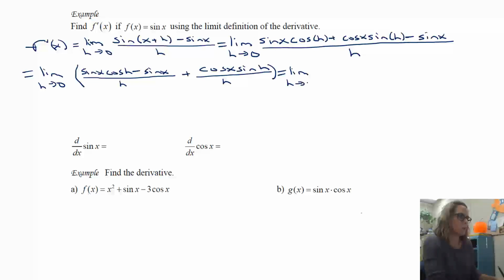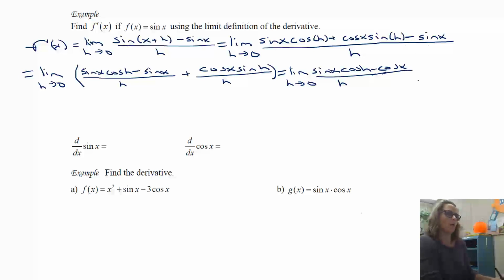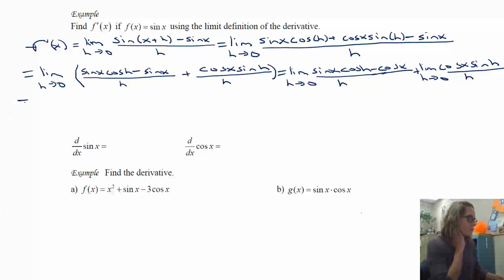The limit as h goes to 0, and I'll have my sine x cosine h over h, minus sine x. And then the limit as h goes to 0 of my second piece, cosine x sine h over h. Okay, so that's just separating them so they each have their own limit. So now we can actually think about what these limits are.